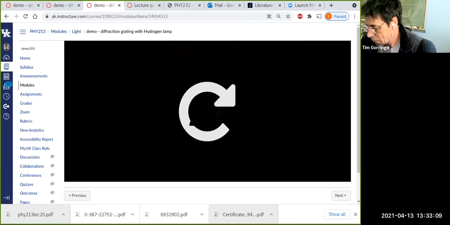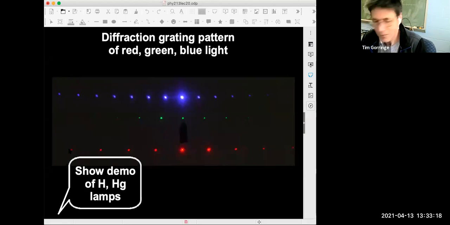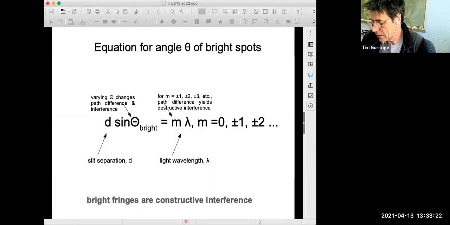Okay, let me go back to sharing the screen of my slides. And let me give you the equation that describes the locations of those fringes, those constructive fringes. That's a difference with the grating compared to the single slit.